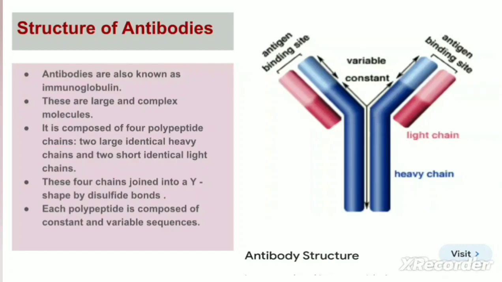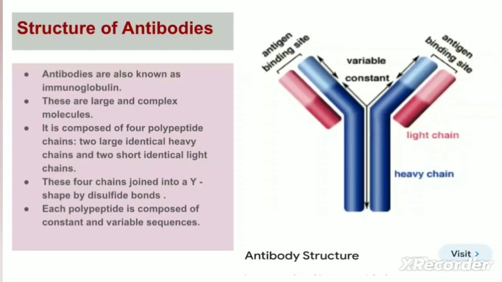Each polypeptide is composed of constant and variable sequences. A light chain consists of one constant sequence and one variable sequence. Heavy chains consist of one variable sequence and three constant sequences.